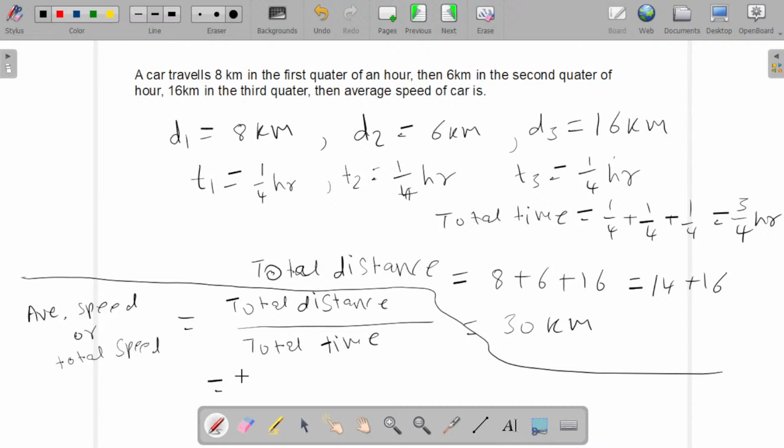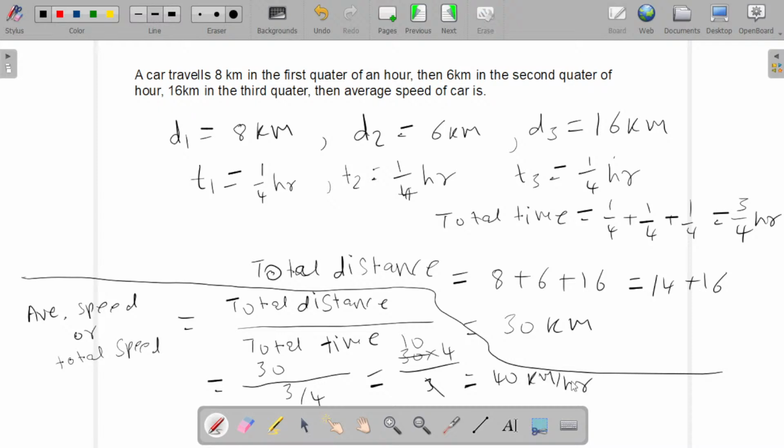Before solving it, we have to make sure the units are in kilometer per hour or meter per second. Here it's in hour, here it's kilometer. So let's write 30 in numerator and 3/4 in denominator. So it will further be 30 cross 4 divided by 3. Here 3 ones are 3, 3 tens are 30, 4 tens are 40. So the answer will be 40 kilometer per hour.